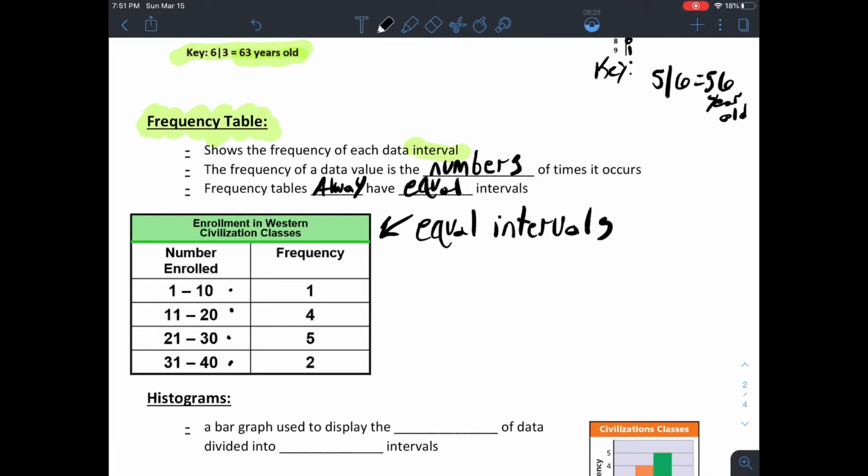And displays the frequency. So, the number of people that enrolled 1 to 10 was 1. The frequency of people enrolling 11 to 20 classes was 4. The people enrolling in 21 to 30 Western Civ classes was 5, and so on.